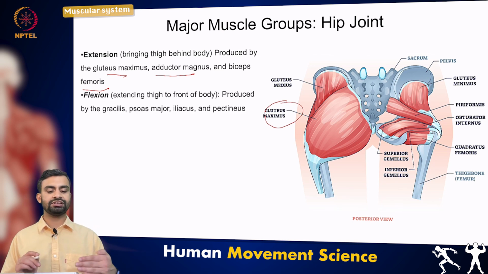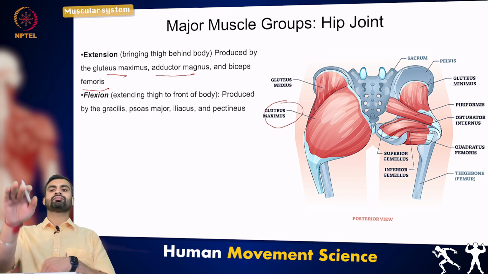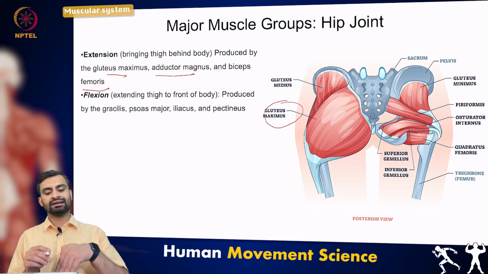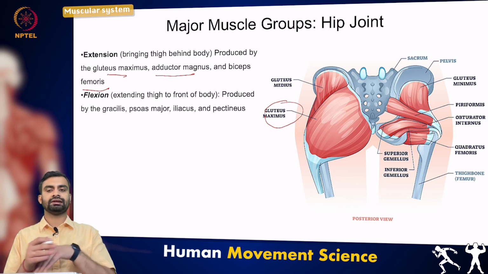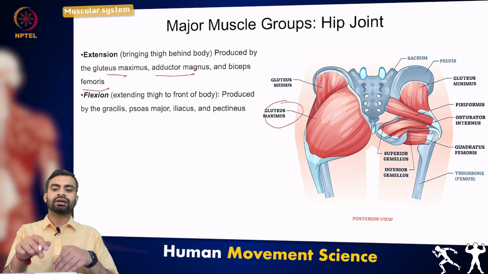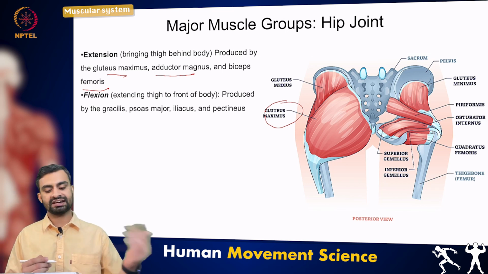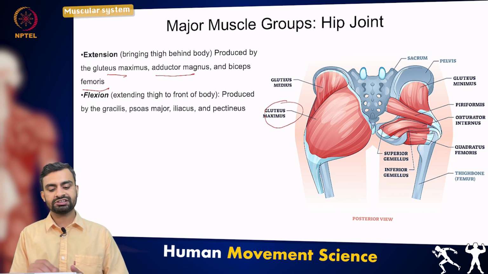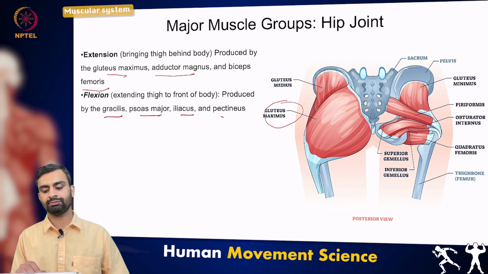Similarly, flexion, in which you are bringing your knee up in front, like you are standing on one leg and bringing the other knee up, is being produced by gracilis, psoas major, iliacus, and pectineus muscles.